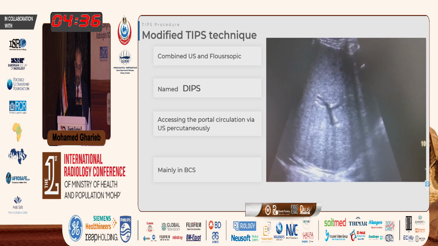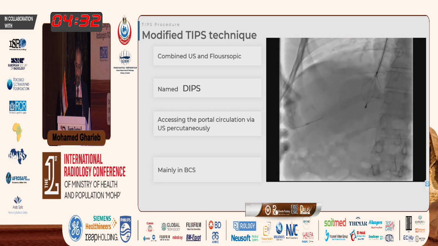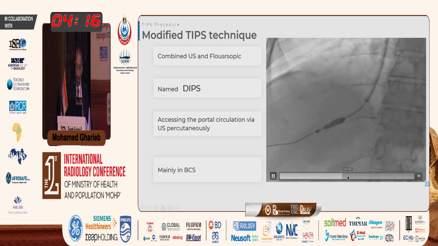This is the wall of the IVC. We can feel the wall. And then we pass a guide wire, snare the guide wire and go up. We balloon dilate the track with an 8mm balloon.